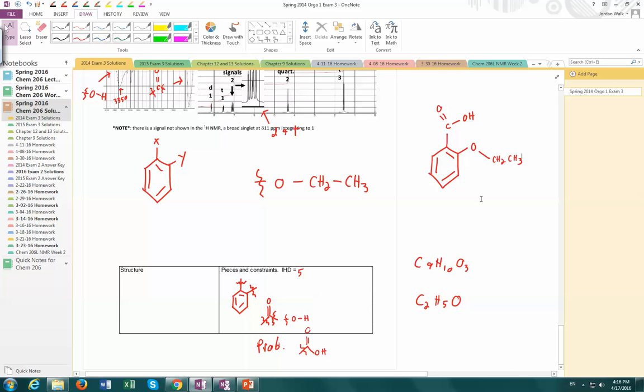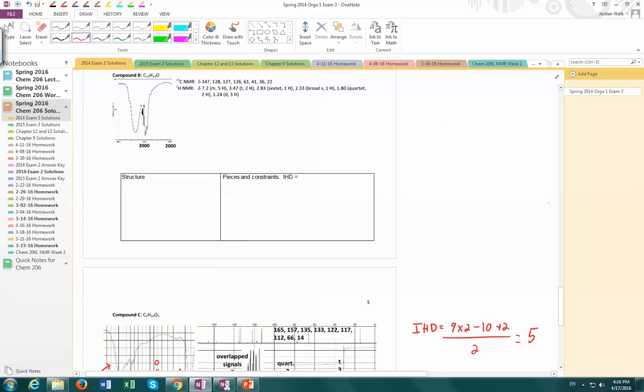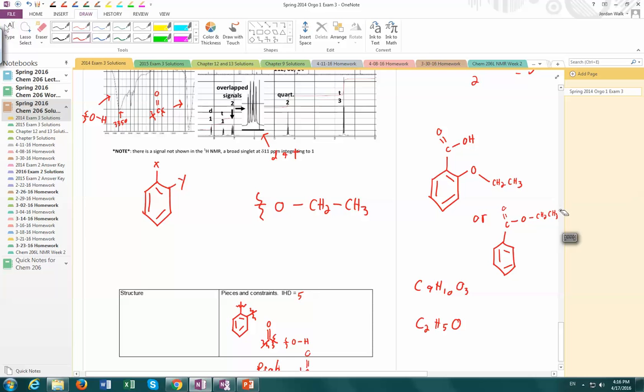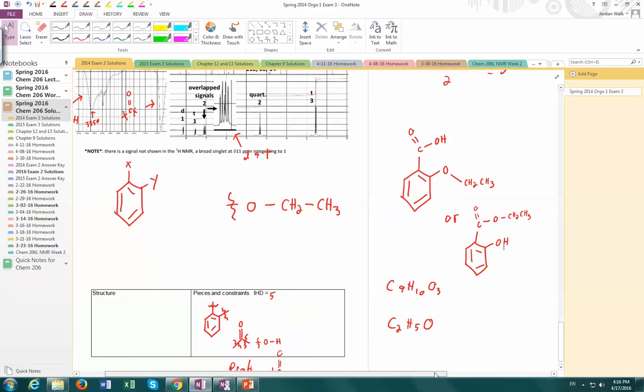Does that make sense? That's what the answer key says. Oh, is that what the answer key said? Yeah. I'm trying to think of a good reason to know that it's definitely not... Yeah, I mean, why couldn't it be, say, an ester? That would be too easy. Yeah, we only have an IHD. Well, I mean, but that's what that is, right?